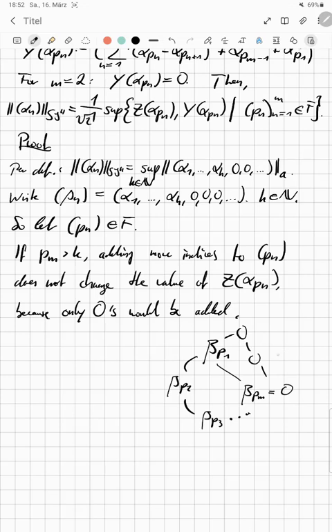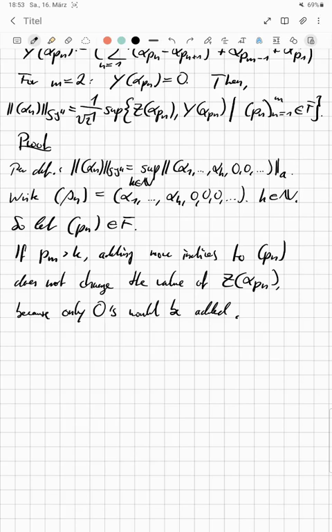Because, well, this is what we would add, and that will all just be 0. So if we add these zeros, then this difference right here, that would just be what this difference was before, and this will be 0, this will be 0. I hope that's okay and understandable.